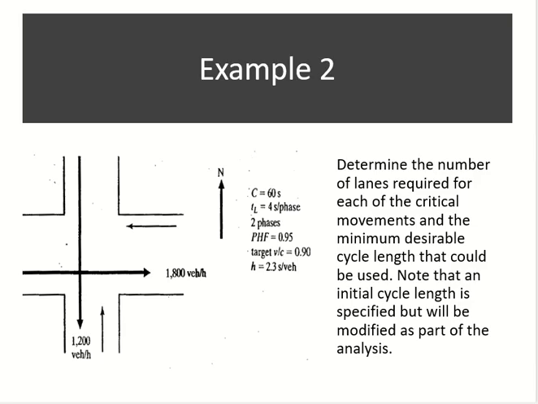So I don't need the full signal time, I need just the half. Clear or not? So I will not have 1800 passing one by one. I will have 900 passing one by one, right? 900 from one side, 900 from the other side.